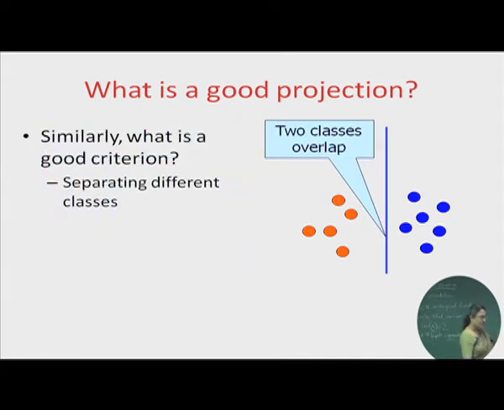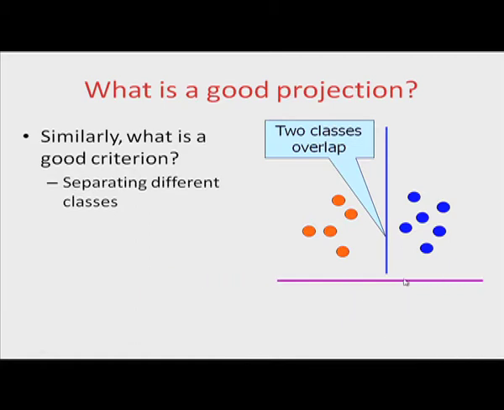If we choose this axis, it doesn't separate the classes, because when you project the orange points and blue points on this axis, they will overlap. So this is not very good.